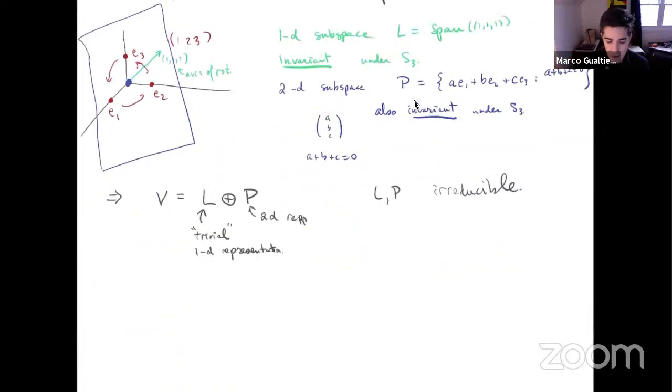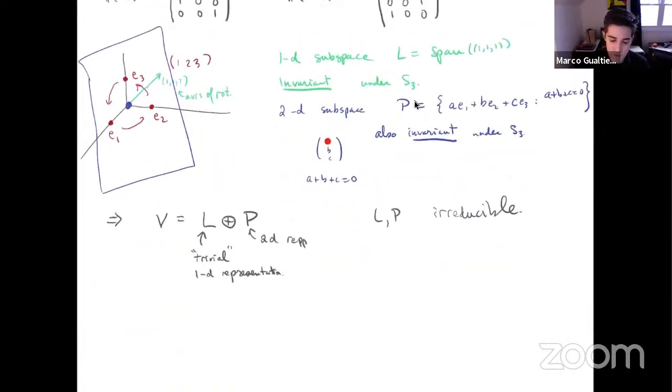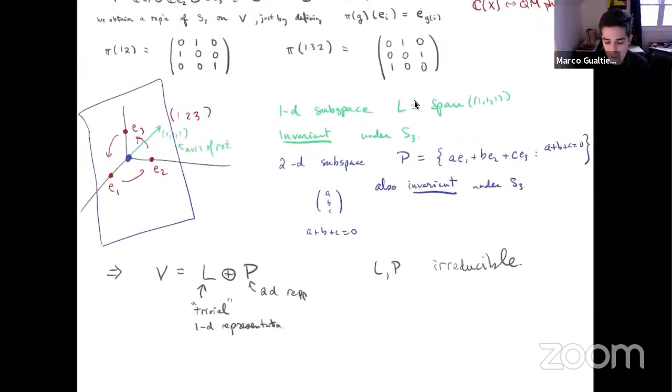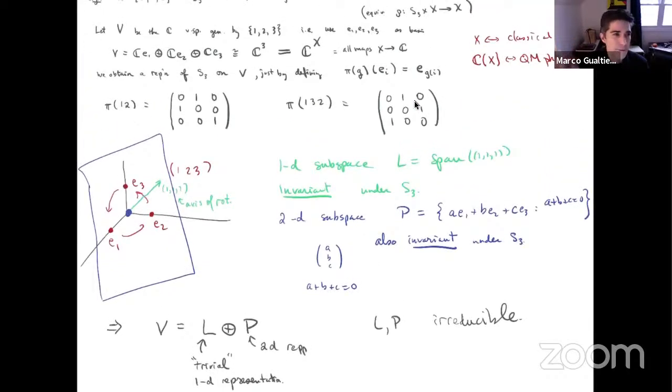And you could think of how this group is acting, and here's the value of the function on the 3 points, A, B, and C. And then as you move those points, you could instead think of how this group is acting on the functions on those points. This is a typical way of thinking in quantum mechanics, that you might look at a vector space of functions on your different classical states.